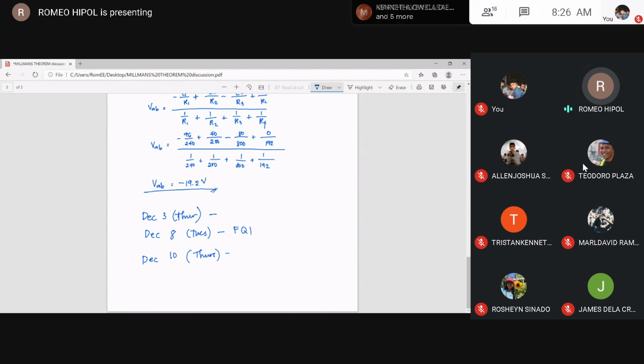Ang problema rito, magkakasabay-sabay na sa exams. Okay, for the coverage. So, exercises lang tayo sa Thursday. So, hindi na kailangan mag-meeting.